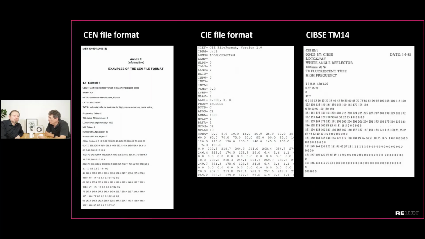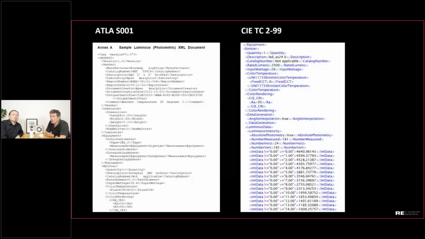And then we have some new formats. They are based on a more modern way for the input file. They are using XML as a file format, which has lots of benefits. It's just more structured.